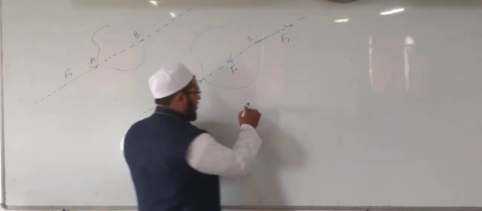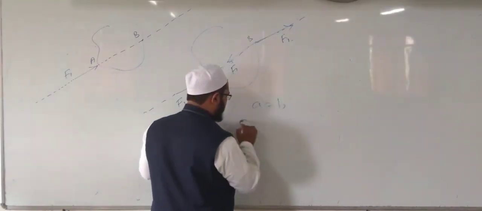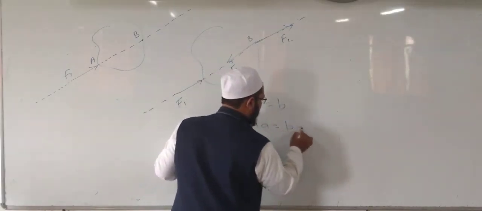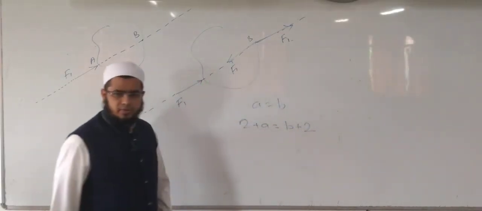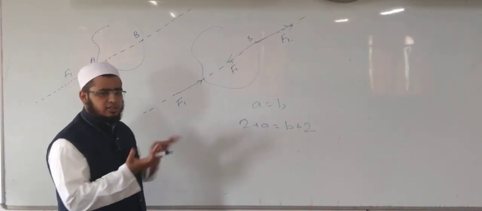It is the same as if A equals B, then 2 plus A is also equal to B plus 2. If you add and subtract both, there is no change.